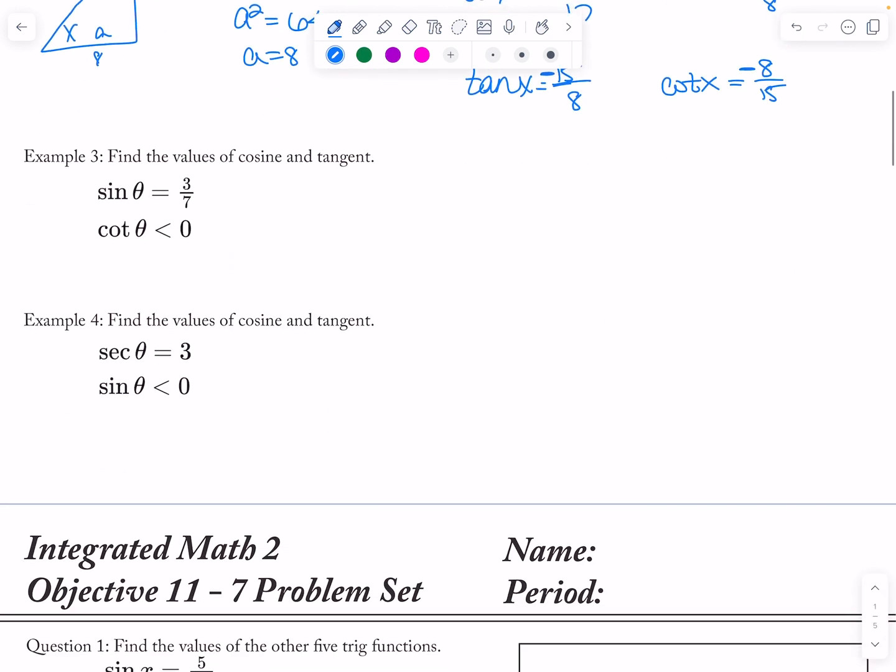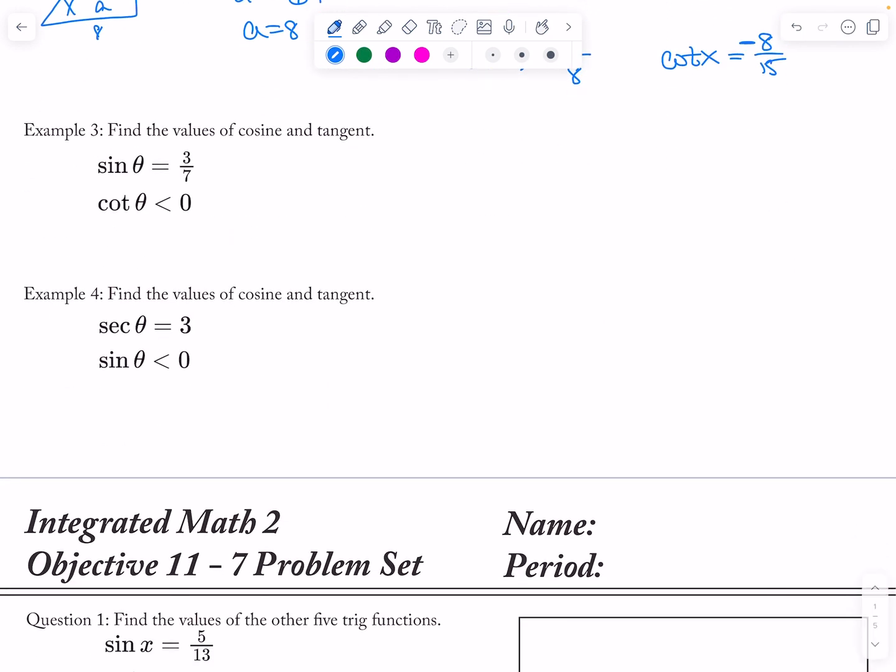Okay, so now I want to find the values of sine, cosine and tangent. My sine is positive, so that's either quadrant 1 or quadrant 2. Cotangent is negative, either quadrant 2 or quadrant 4, so we must be in quadrant 2. Now I will draw my triangle, and here's my theta this time.